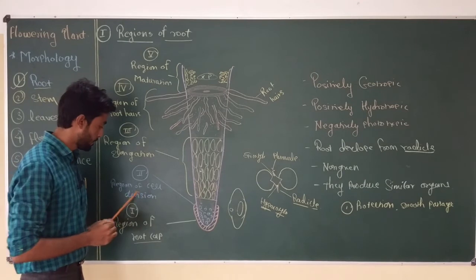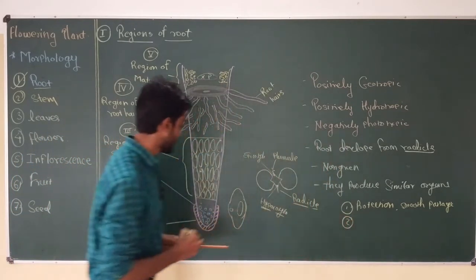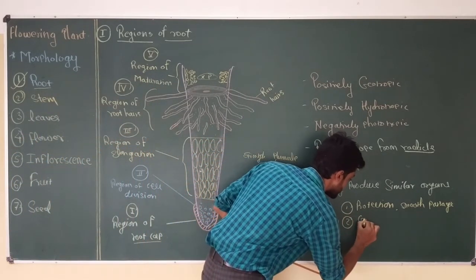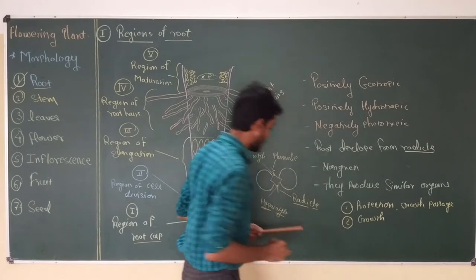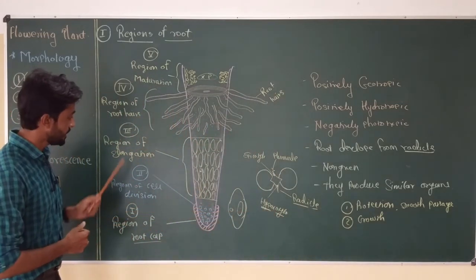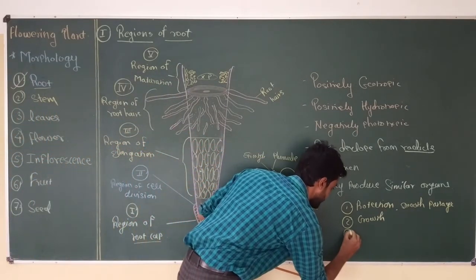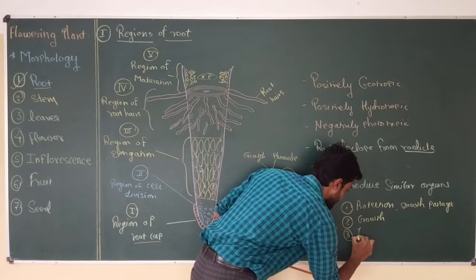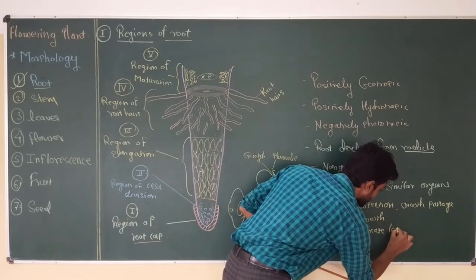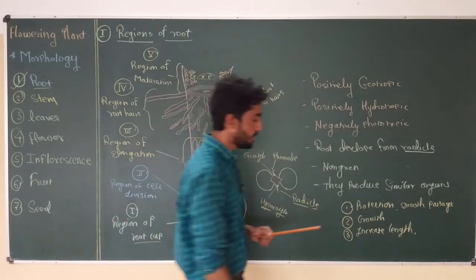The main function of the second region, that is the region of cell division, is root growth. The region is going to add new meristematic cells in the root. The third region is the elongation region, and the function of the elongation region is increase of length of the root and absorption of minerals and salts.